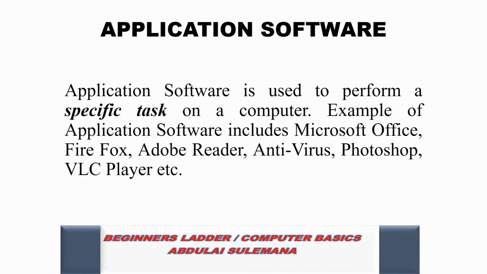What is application software? Application software is used to perform a specific task on a computer. Examples of application software include Microsoft Office, Firefox, Adobe Reader, Antivirus, Photoshop, VS Player.